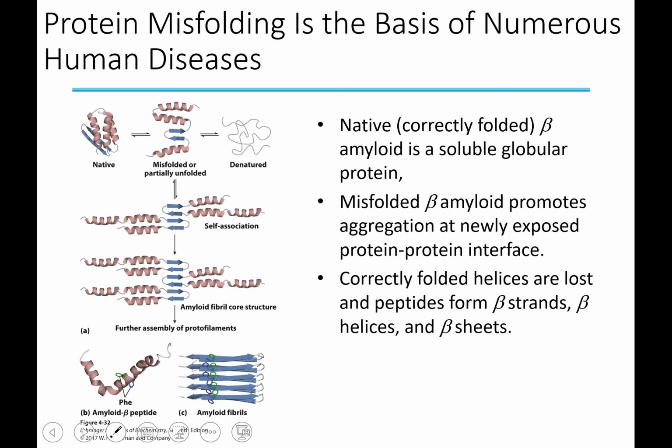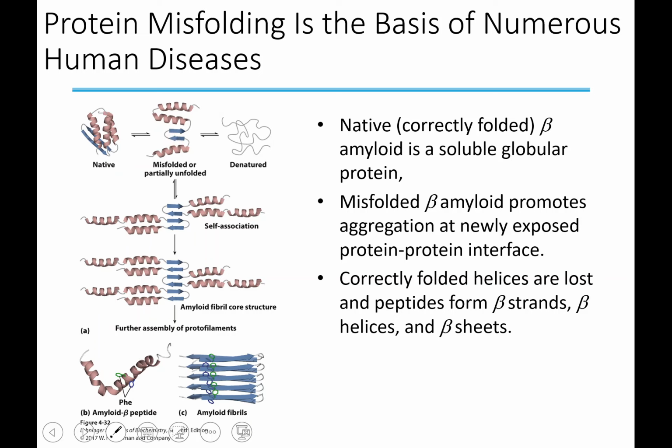It can partially misfold, and you'll see here in the native state, there's some beta strand structure and some alpha helical structure. In the partially unfolded state, the beta structure is separated from the alpha helical structure.